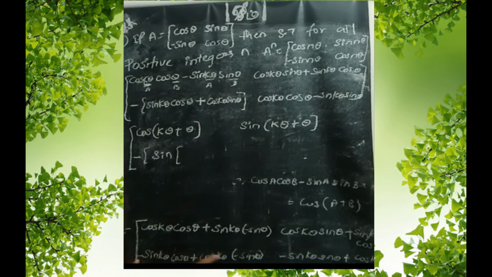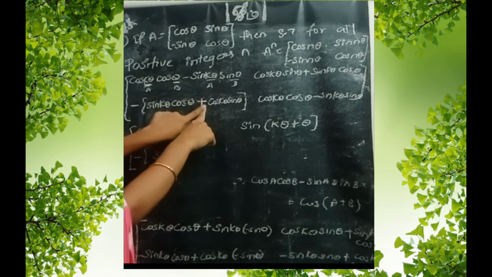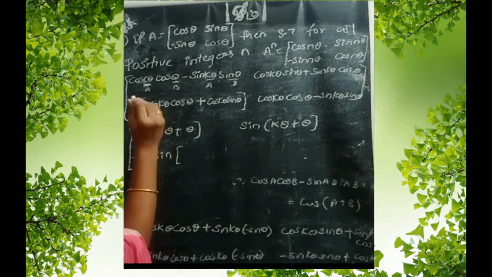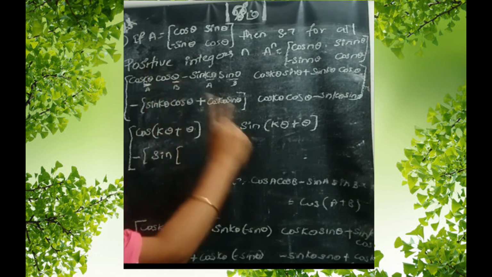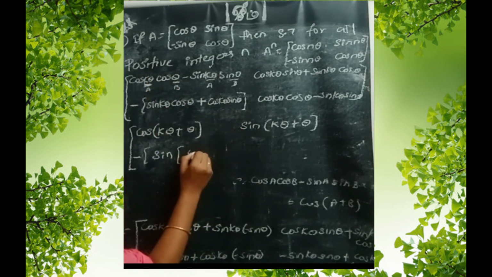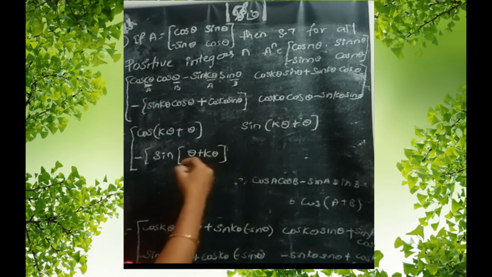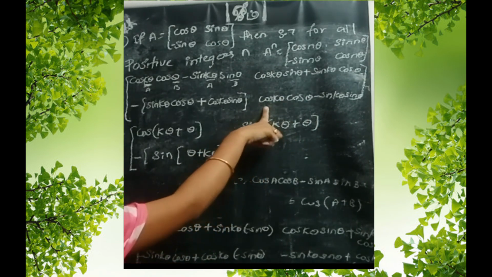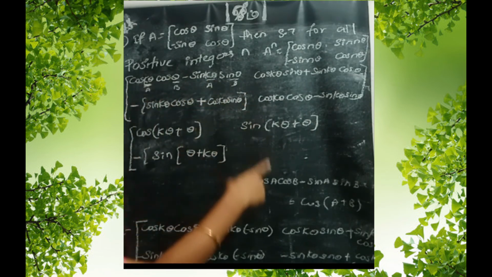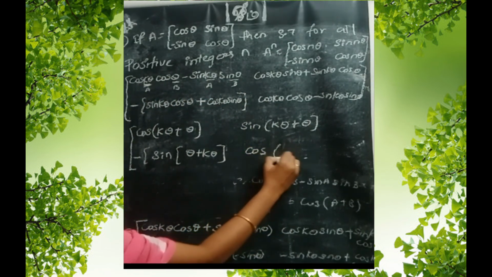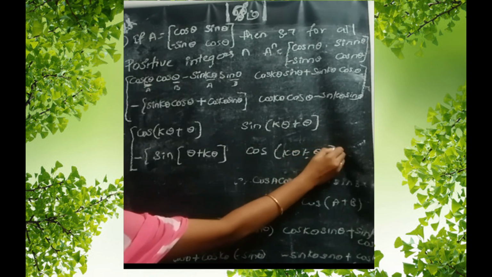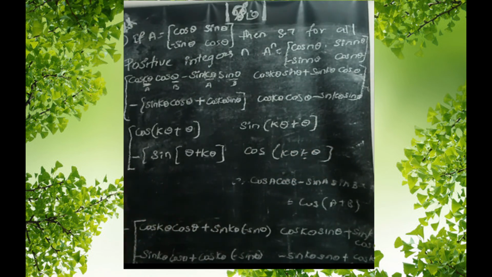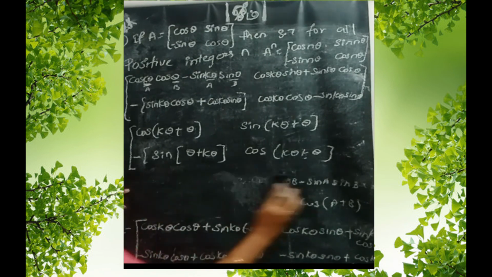Because here minus is there, and plus into minus gives minus. So if you take minus common, it should be plus. Then only we'll get plus into minus, which is minus. So sin A cos B plus cos A sin B means sin of A plus B, sin of theta plus k theta. Next, cos A cos B minus sin A sin B is the same, so cos of k theta plus theta. Now you can understand by substituting the formulas in that equation.